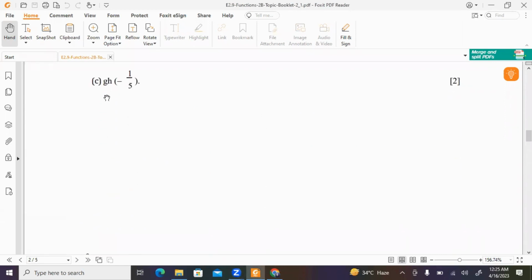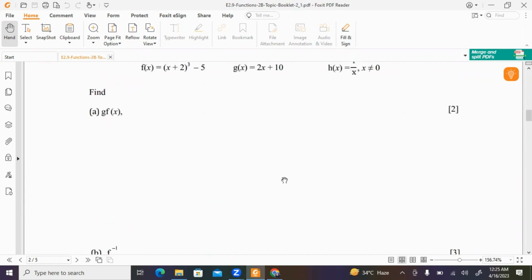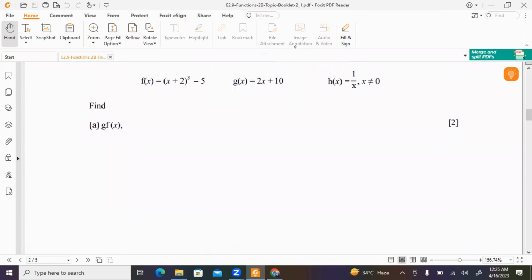The next question says, find the composite function of g of h of negative 1 over 5. Let's copy the functions first. g of x is 2x plus 10, and h of x is 1 over x.